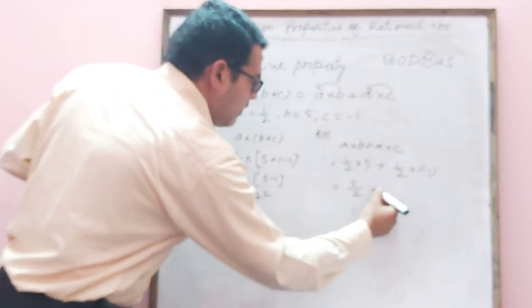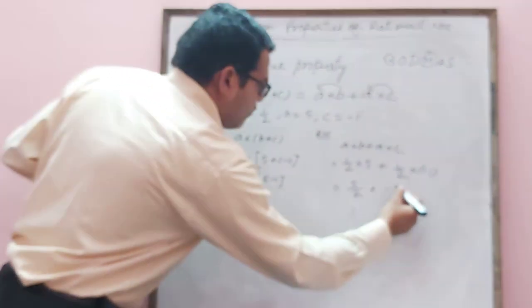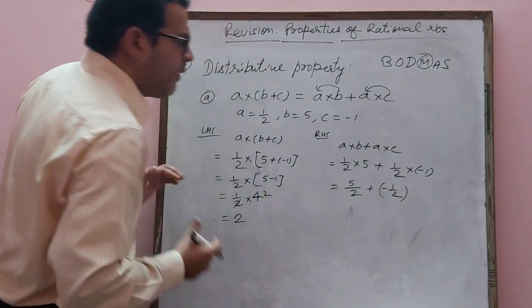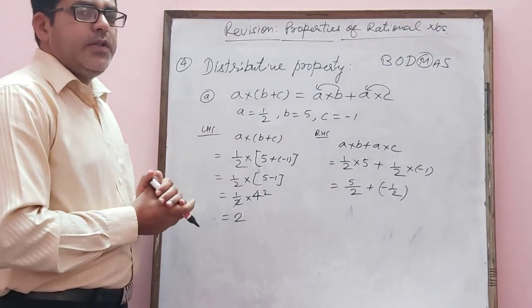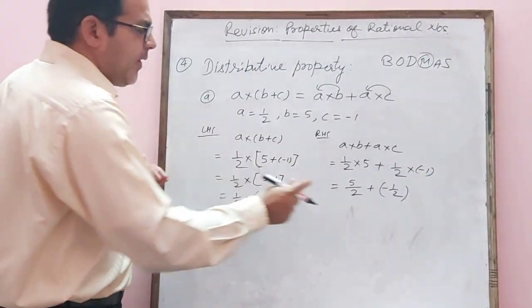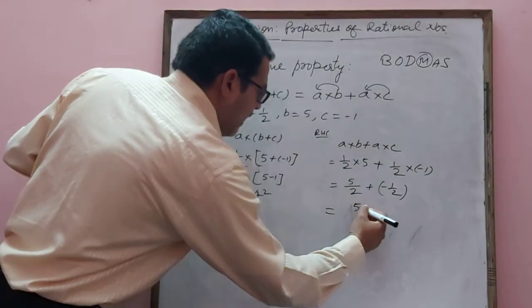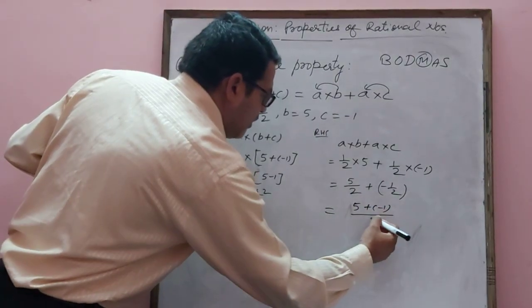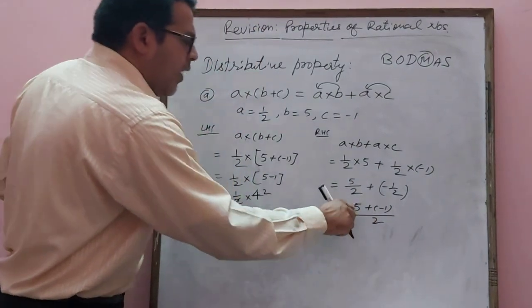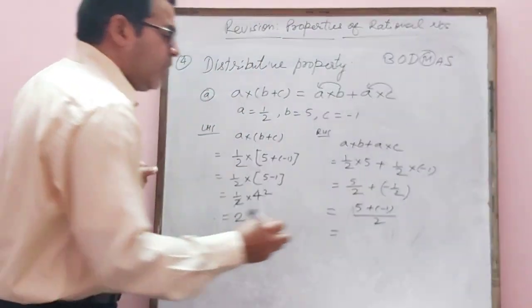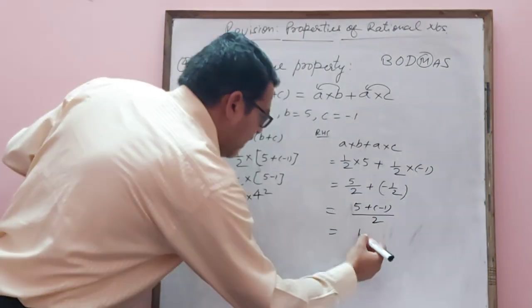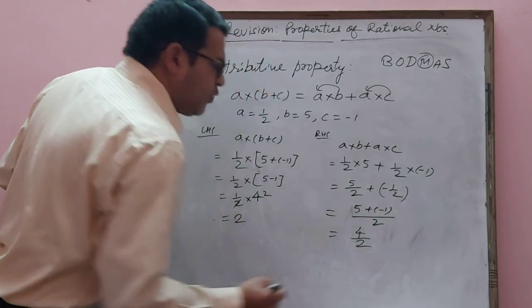And here we have minus 1 by 2. When we multiply 1 by 2 with negative 1, we have negative 1 by 2. Now we can add them together since the denominators are the same. So it is now 5 then minus 1. We can write 5 minus 1 as 4, and by 2 is already there.